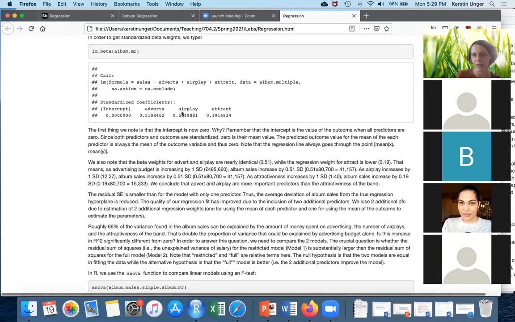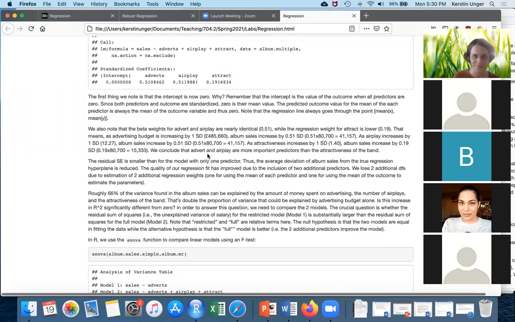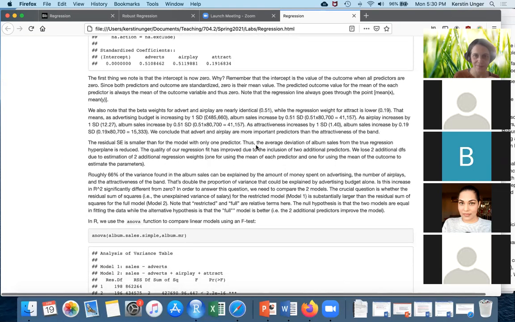And from that, we can conclude that advertisement and airplay are more important than attractiveness. They explain more unique variance in our outcome variable, the sales numbers, than attractiveness. So the attractiveness of the band doesn't add much more explanatory power to our model compared to the other two.